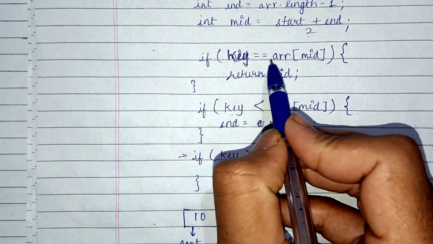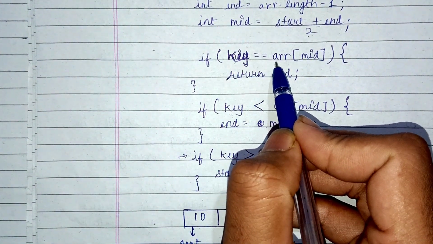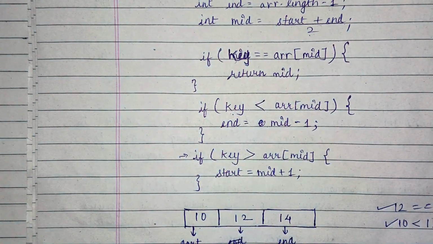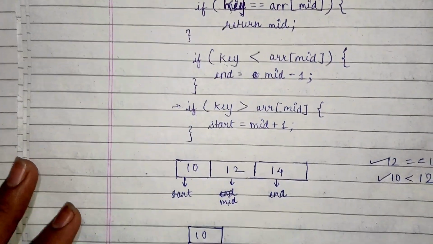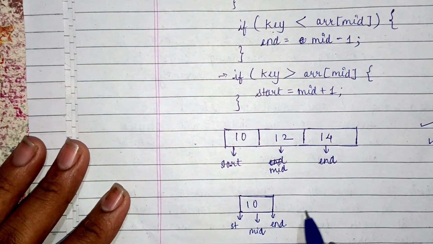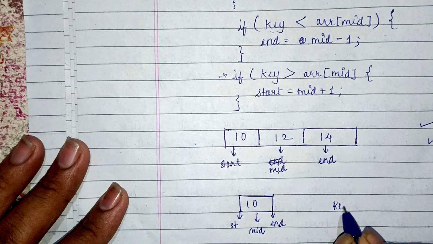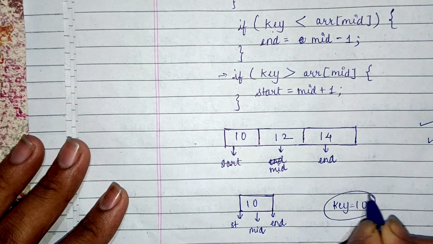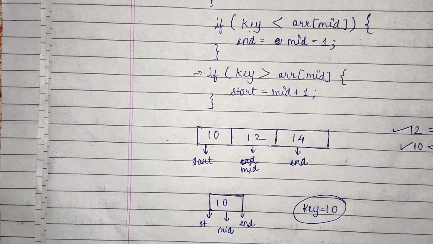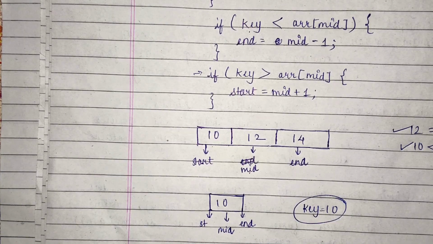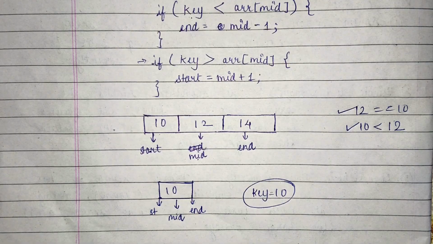If key is equal to array of mid, yes, the key is equal to array of mid, and from this we get our targeted value. So this way the algorithm works. So let's see in our practical session how we can write the code for it.